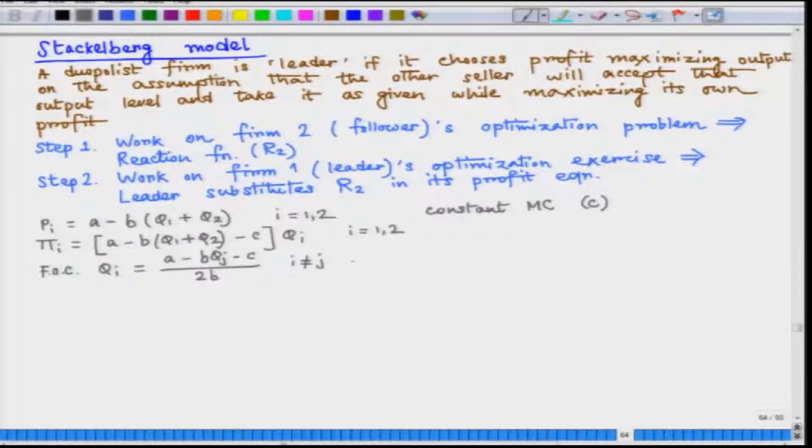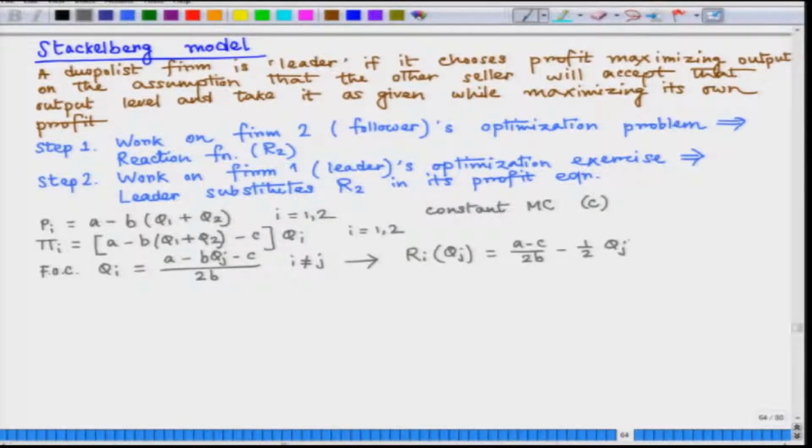Okay. So, this leads to the reaction function of the ith firm given the jth firm's quantity or output choice, and this will have a shape like this.